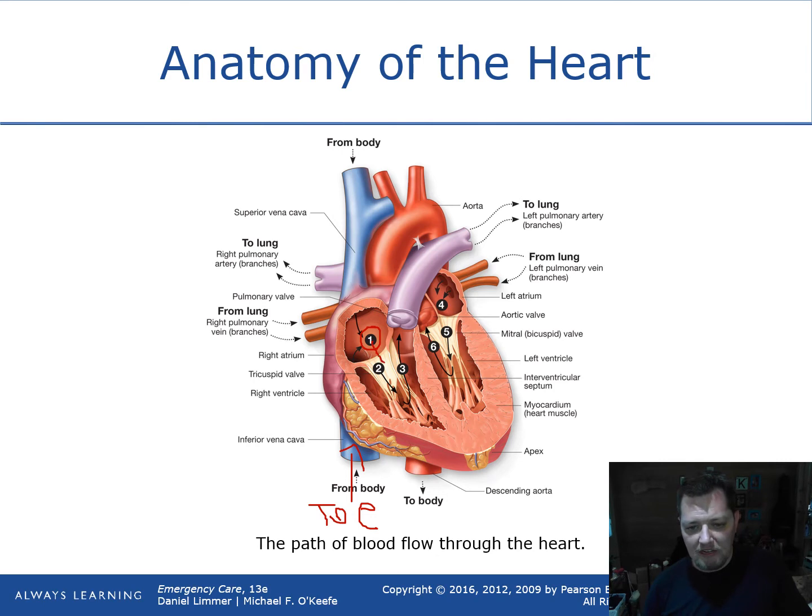It goes through the tricuspid valve and into the right ventricle. From the right ventricle, it goes through the pulmonary valve and out to the lungs. It goes into either the left pulmonary artery or the right, so the left lung or the right lung, and it gets exchanged out here for CO2 to oxygen.